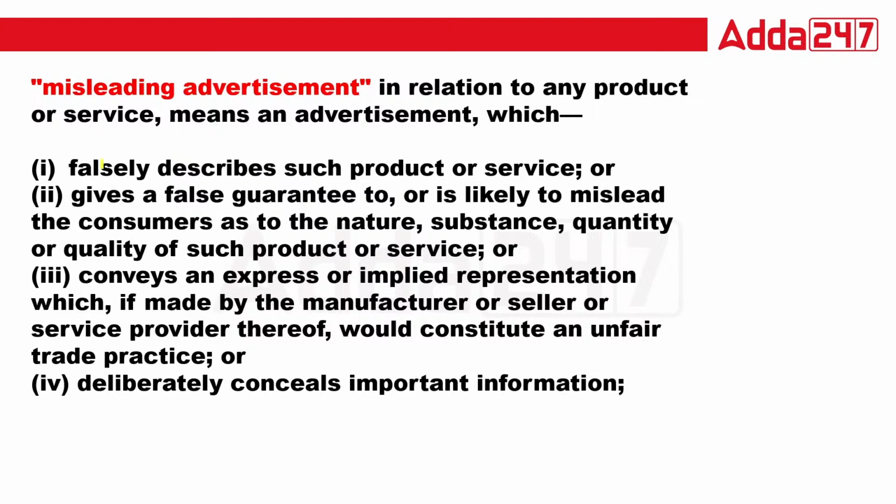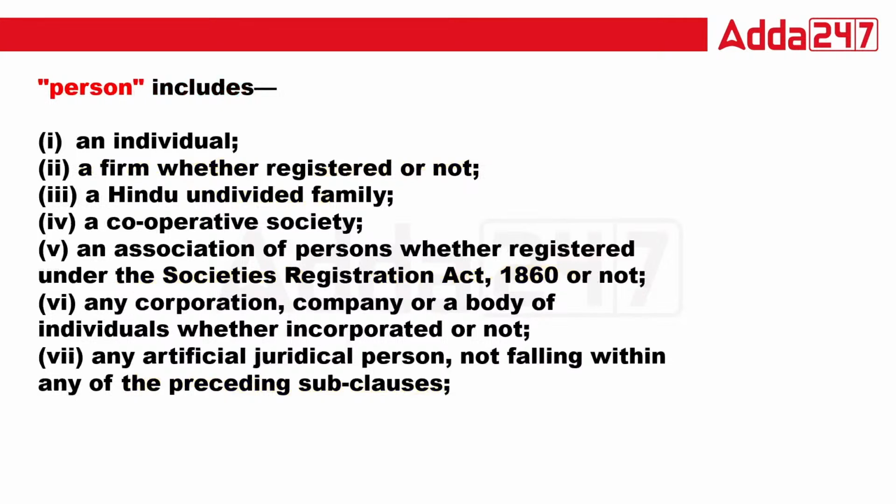Misleading advertisement means falsely describing such product or services, giving a false guarantee, conveying an express or implied representation, or deliberately concealing important information. Deliberately means, you know, we can say fraudulently concealing important information. So that is a misleading advertisement.